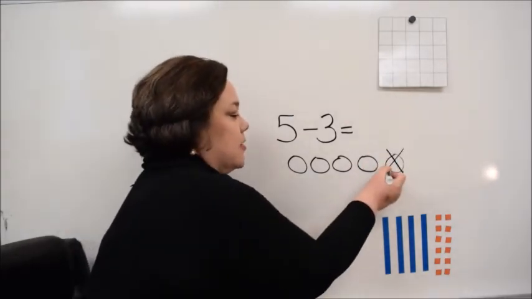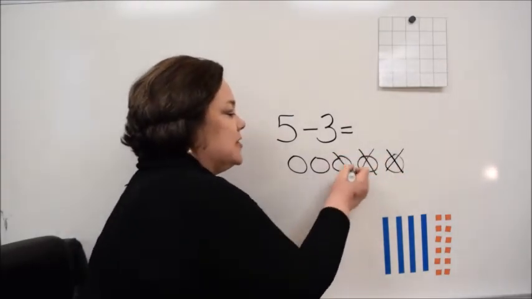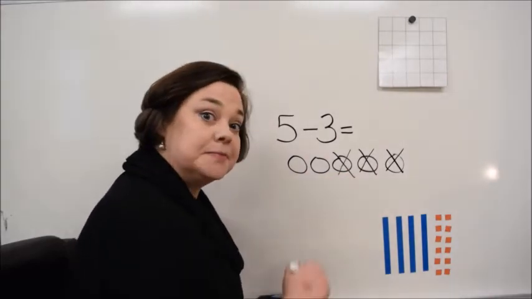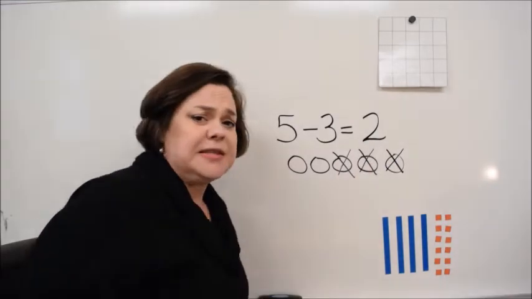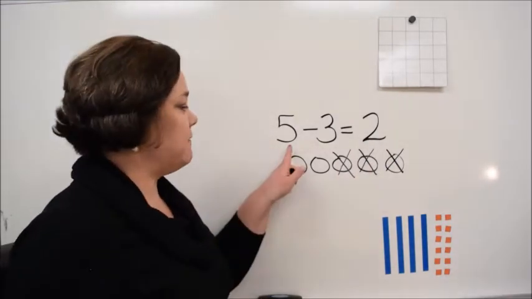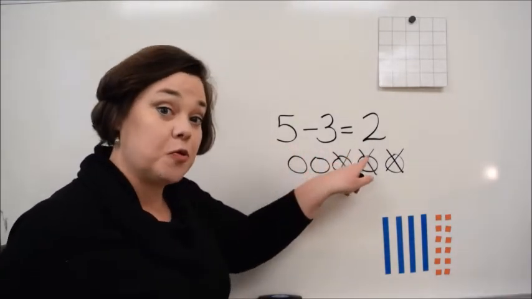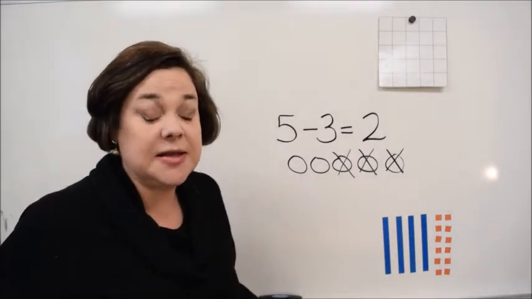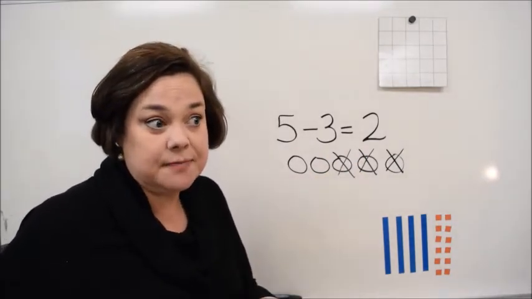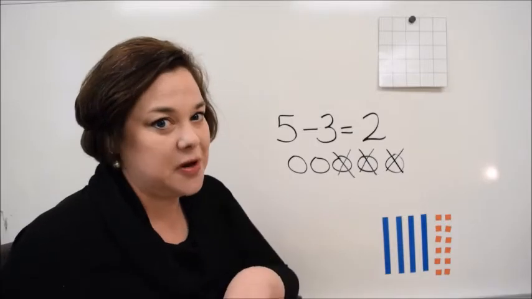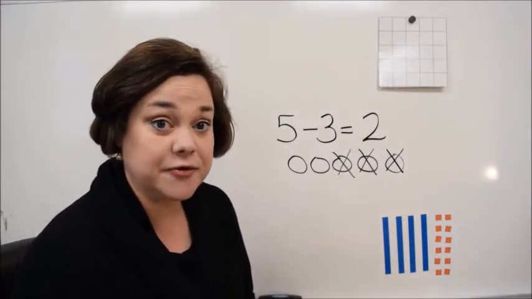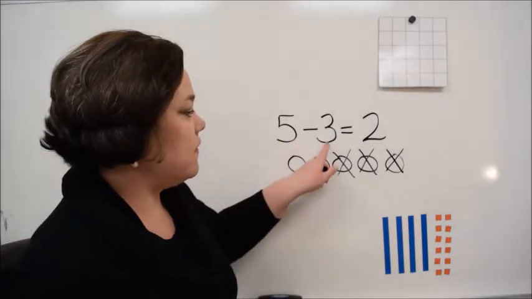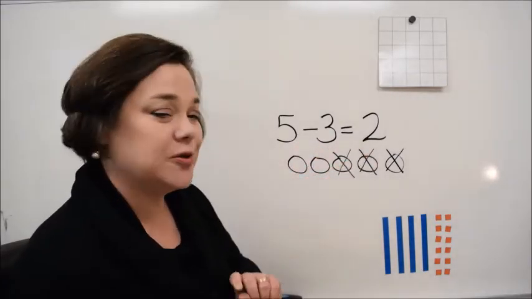So here I would take 1, 2, I would take 3 away, and that would leave me with 2. This is subtraction. We say 5 minus 3 equals 2. It's the same as saying 5 apples minus the 3 apples I ate means that there are 2 apples left over. So 5 minus 3 equals 2.